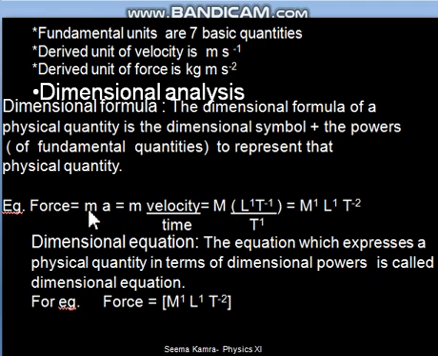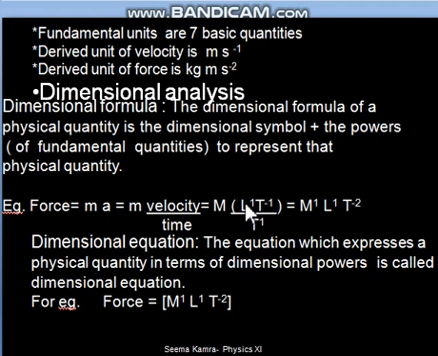M is a fundamental quantity, so we cannot break it. But acceleration can be broken as velocity upon time. In the same manner we continue the process of breaking. Velocity is not a fundamental quantity, so we can break it as displacement upon time.